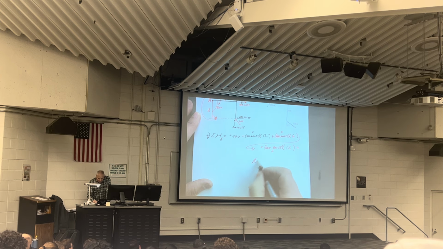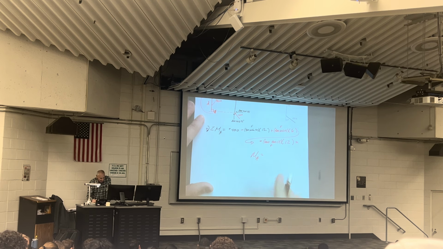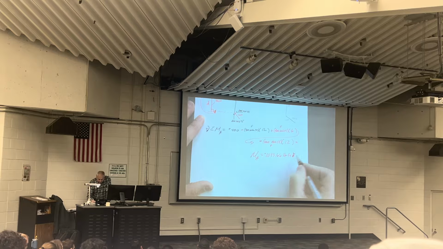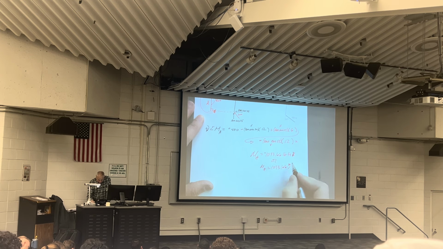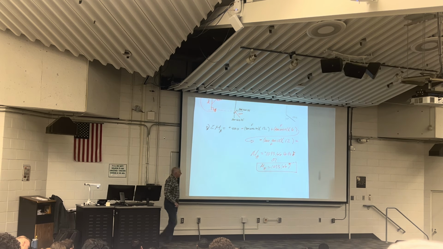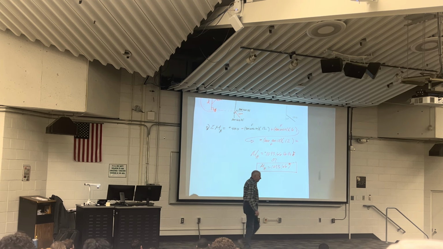That's got to equal the moment that's being generated at A, which is 1093.66 pound-feet, and it is, oh, it's a negative. Or moment A is 1093.66 counterclockwise, because I got a negative 1093.